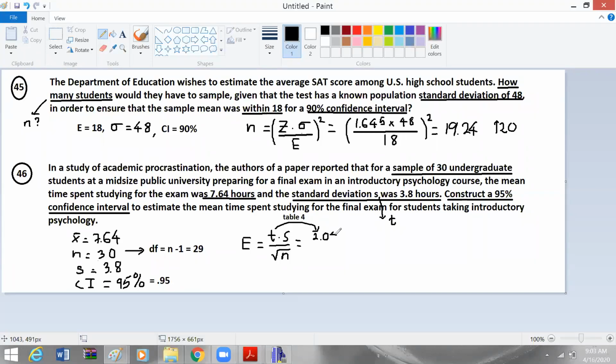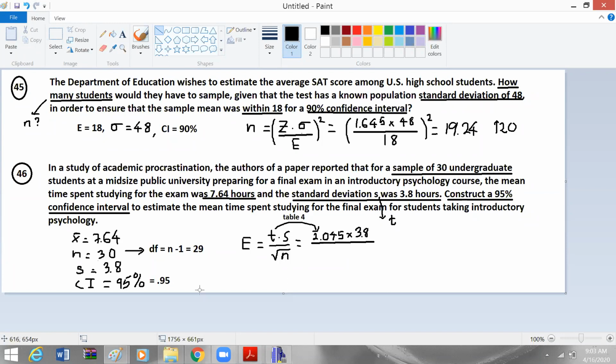So we take that 2.045 and multiply by the s, the sample standard deviation, which in this case is 3.8. Whenever the question gives us s, it has to be the t. Then we divide by radical n.